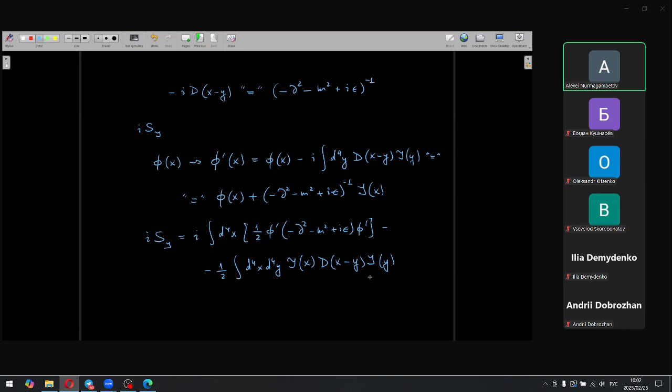But at the same time, if we take into account the integration over phi prime in the complete expression for the path integral, we can observe that this integral is not well defined, because it leads to new dependence on external sources, and this dependence comes into some normalization factors and so on.